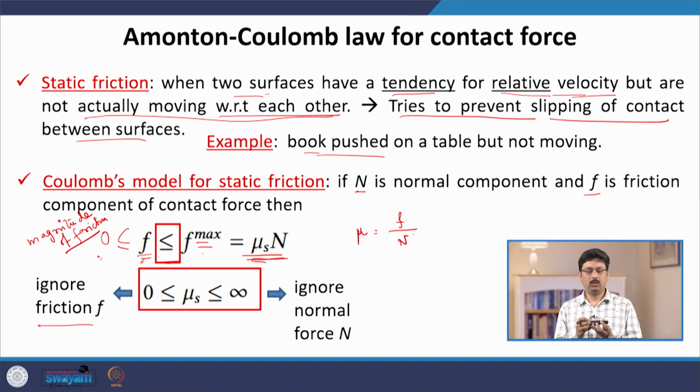Think of it as two surfaces which are glued to each other. We apply some gum to glue one surface to another, like you put some gum and close an envelope. In that condition, because of the presence of this adhesive, like sellotape or something, the frictional force, the horizontal component, is extremely high.